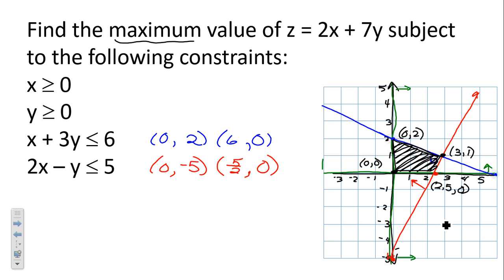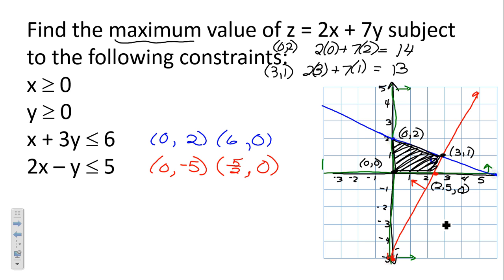So when we plug 0, 2 in, 2 times 0 plus 7 times 2, because we're plugging in 0, 2, is equal to what? 14. When we plug in 3, 1, we'll get 2 times 3 plus 7 times 1, and we get 13.